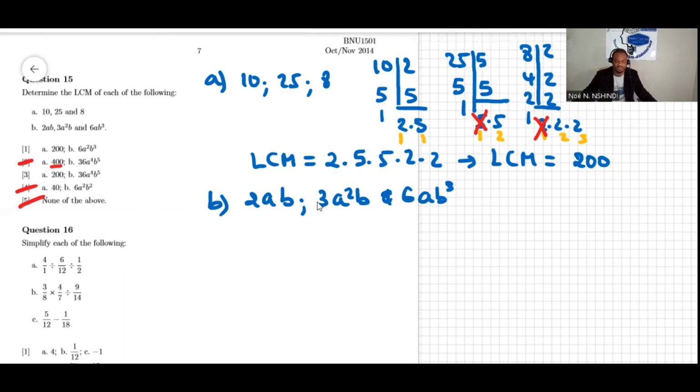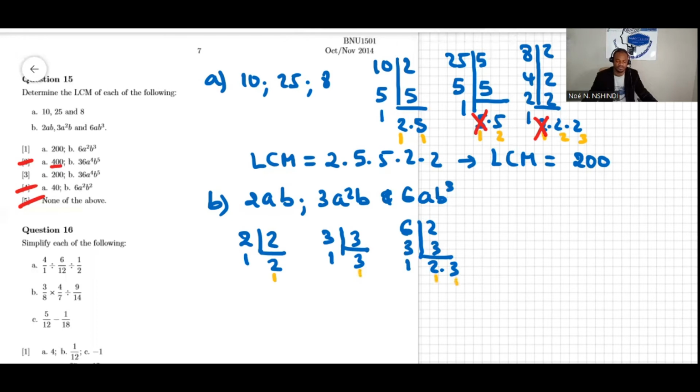Actually, 2 and 3 are already prime numbers, but let's just do them anyway. So if I say 2, 2 by 2 is 1. The prime factor of 2 is just 2. Of 3 is also just 3 because 3 by 3 is 1. But 6, by 2 is 3, by 3 it's 1, and then the prime factors are 2, 3. Now if I want to label them, it's going to be 2^1, and then 3^1, the first 2 and the first 3 here.